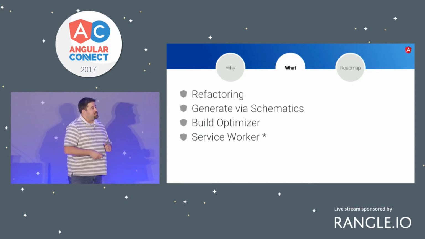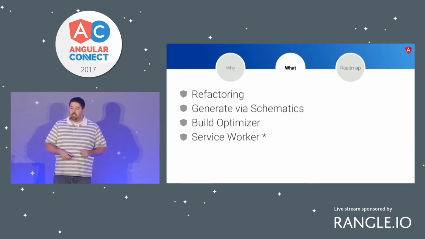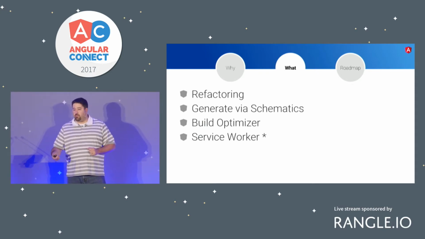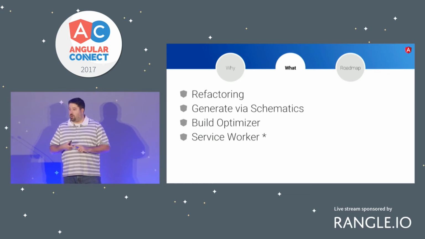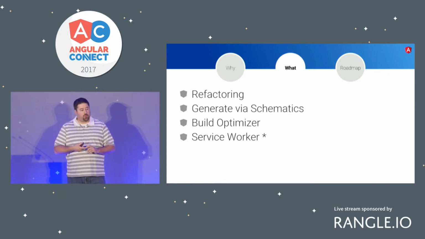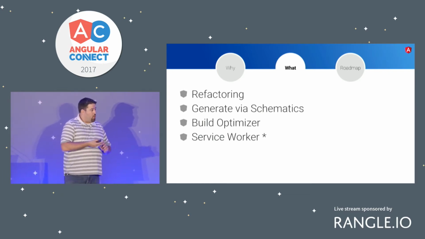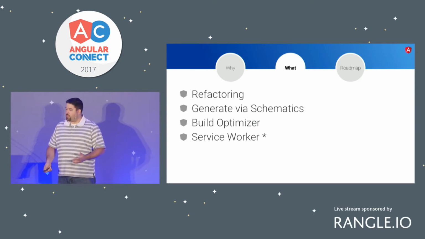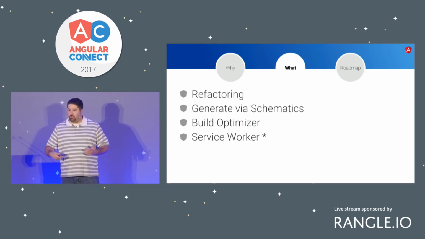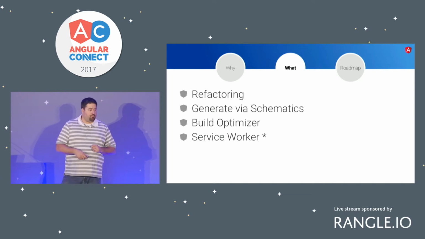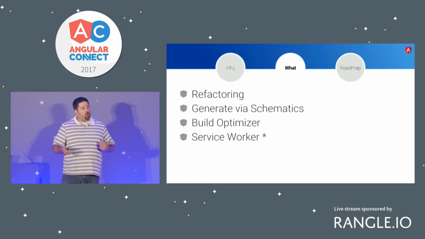We've already moved things into DevKit, things that we've already done. Generating with schematics, starting with Angular CLI version 1.4. Schematics was being used to generate all of your new applications, all your components, services, pipes, anything else that you generated was already running through schematics and using DevKit as of version 1.4. Also, Build Optimizer is part of the DevKit.